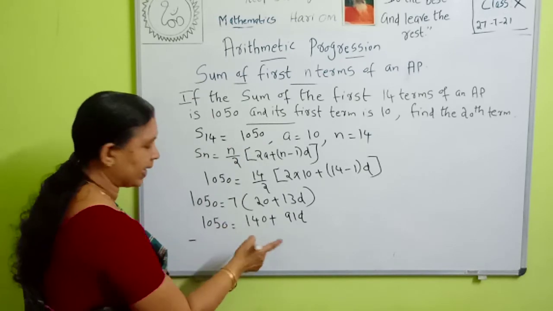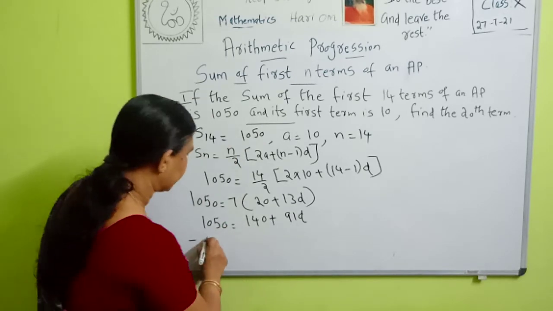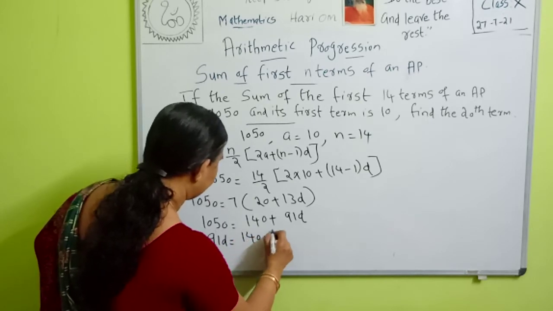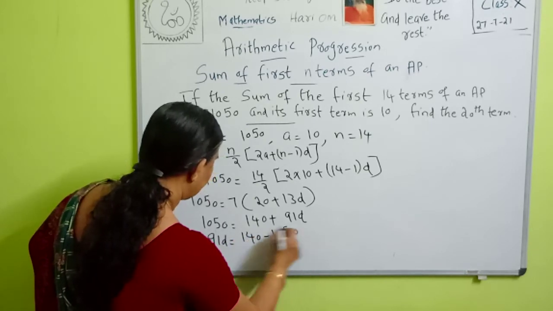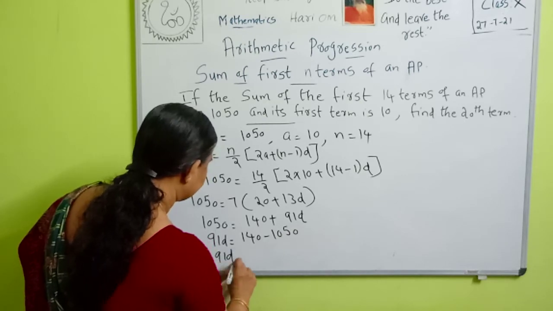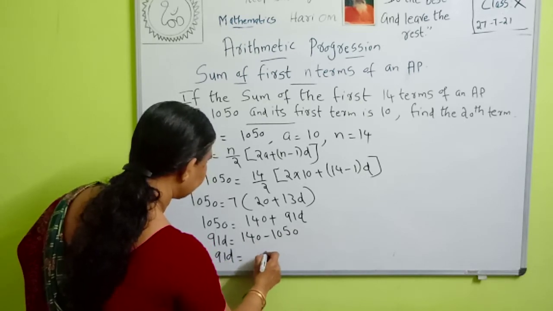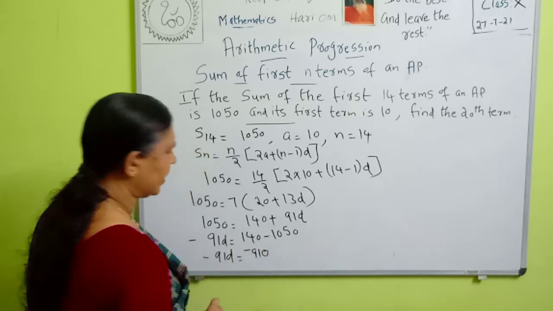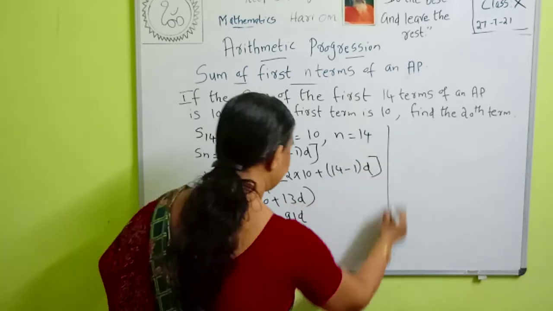Then we can transpose this 91d to the LHS. Minus 91d is equal to 140 minus 1050. Or minus 91d is equal to minus 910.